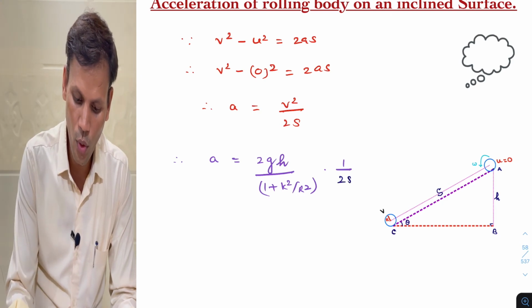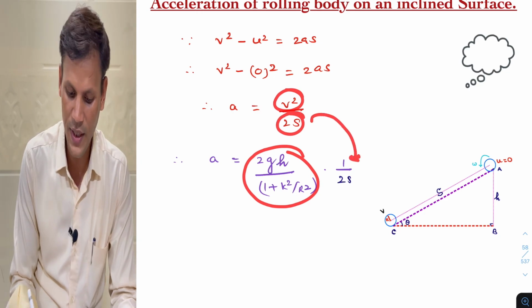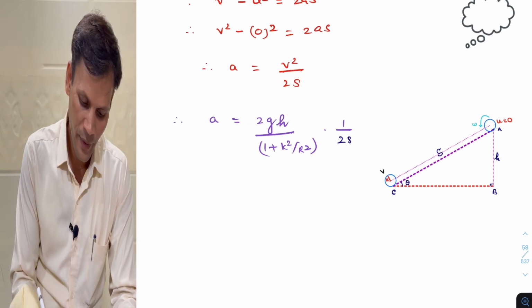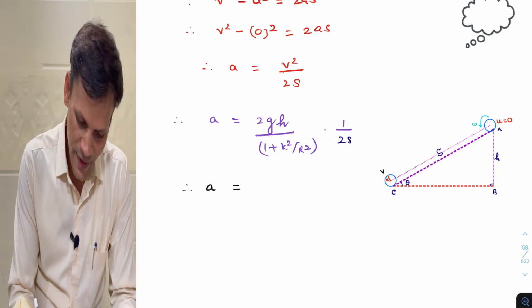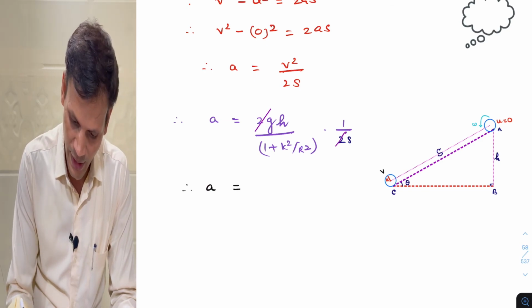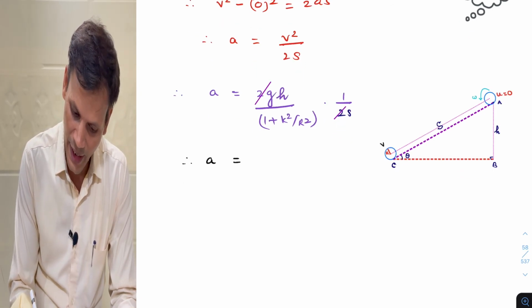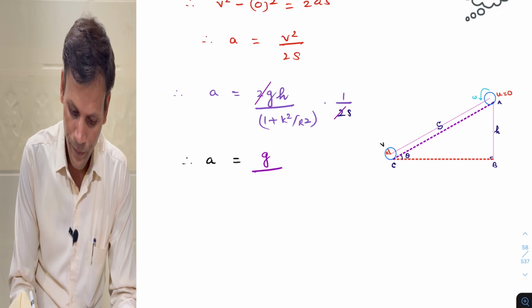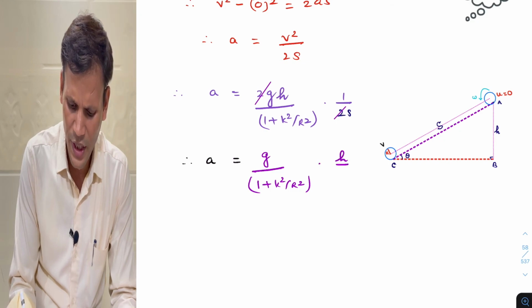The 2 and 2 get cancelled. We can rearrange it and write g by 1 plus k square by r square, into h by s.